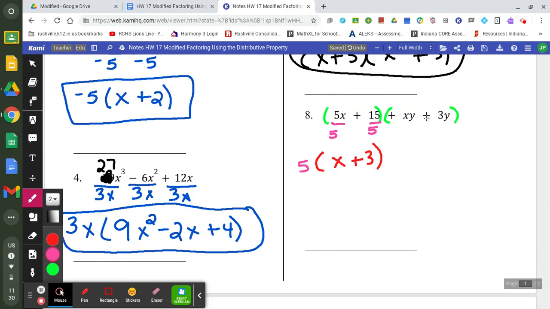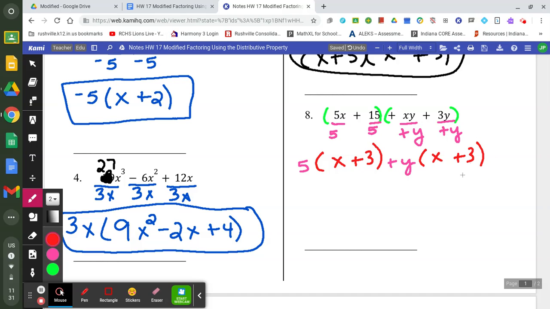And then the greatest common factor on this side is a plus y. And so plus y gets written right here in front of my new set of parentheses. xy divided by y is x. 3y divided by y is plus 3.